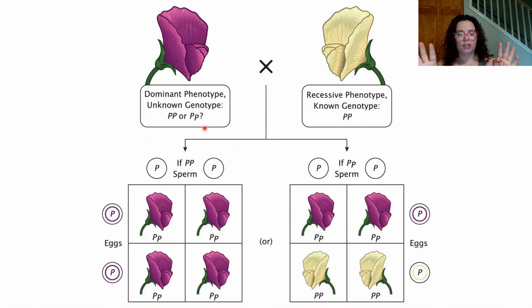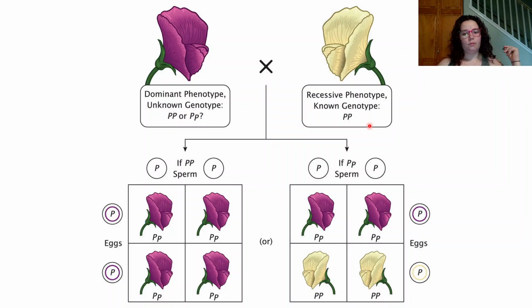Pause the video. Take a peek. See if you can understand it. Okay. So basically what they've done is if they know the recessive phenotype is P. P is a bad letter to use for these things because it's really hard to tell the difference between an uppercase P and a lowercase p.